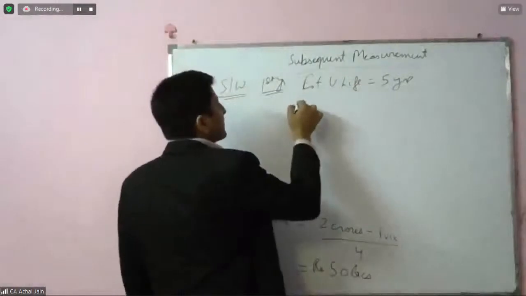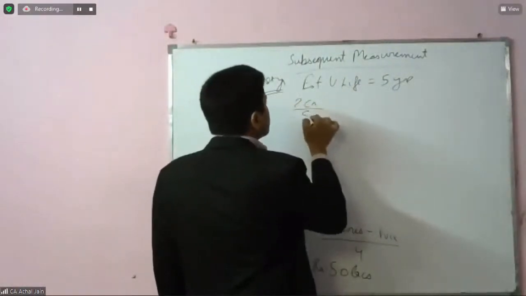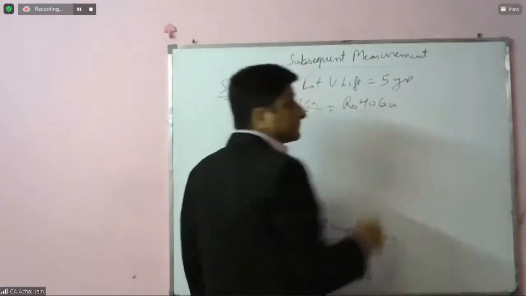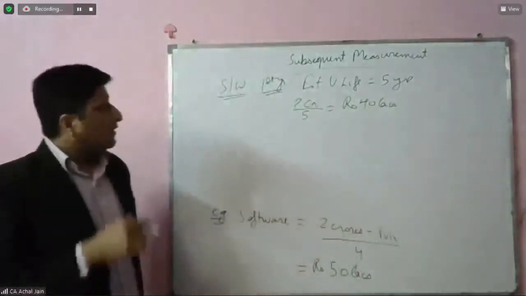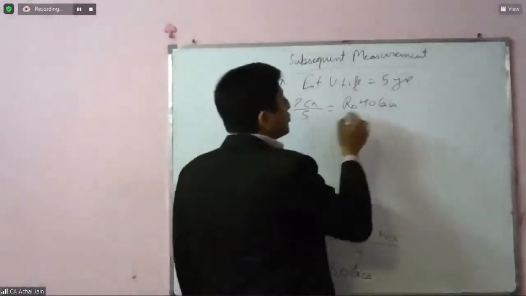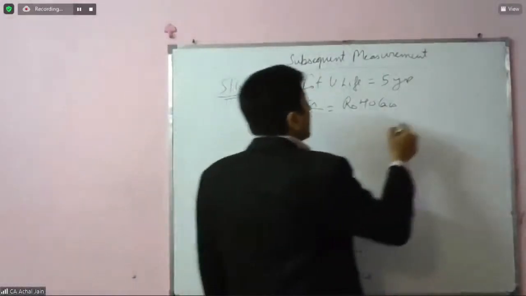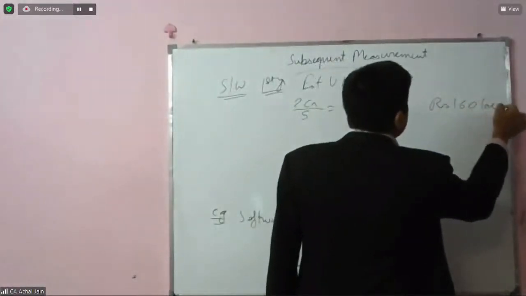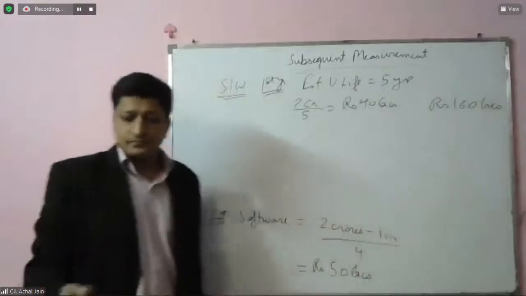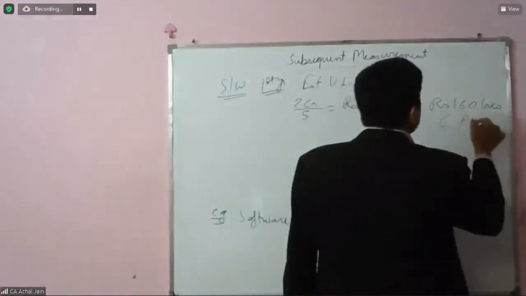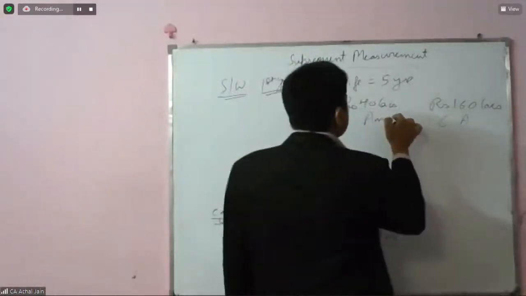So, in the first year, what will be the amount of amortization? This divided by 5, rupees 40 lakhs. Correct? And what will be the carrying amount of the intangible asset? 2 crore less 40 lakhs. It's rupees 160 lakhs. This is going to be the carrying amount. And this is amortization.